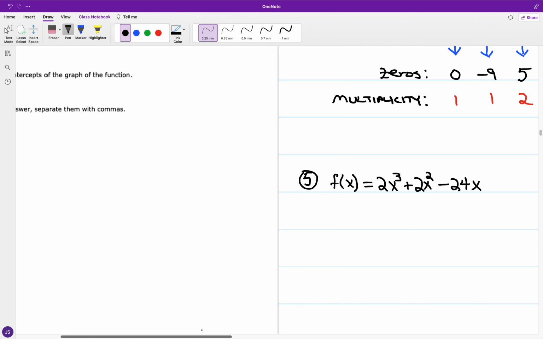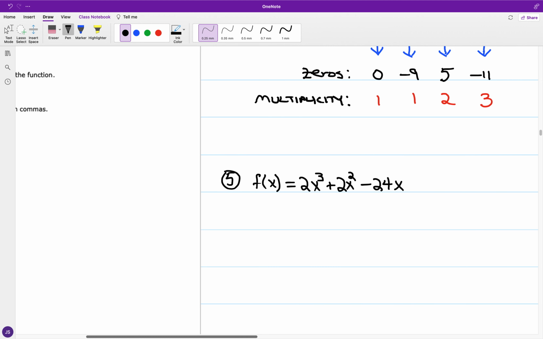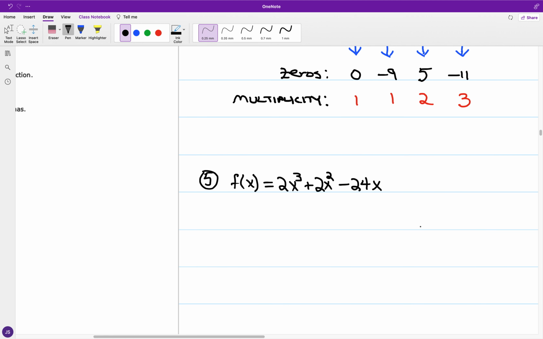Again, we're looking just for the intercepts. For the x-intercepts, I'm solving for x as y is set to 0.